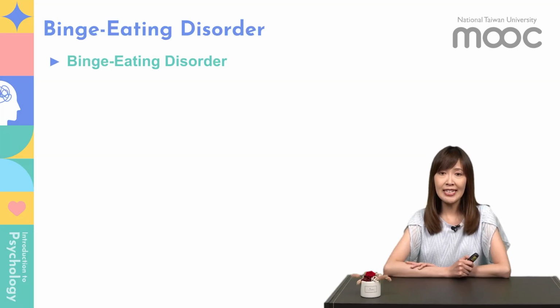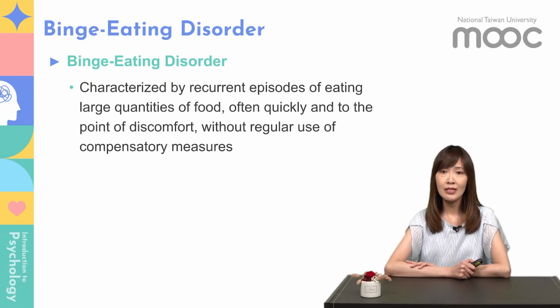The third eating disorder we're going to look at is binge eating disorder. People with this disorder may eat a large amount of food in a short amount of time, and they think that they are not able to control it. They cannot stop eating, they cannot control what they eat and how much they eat.